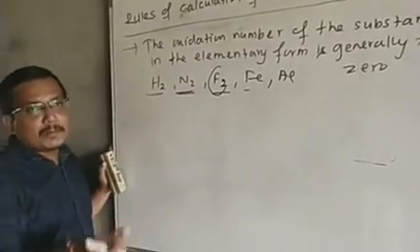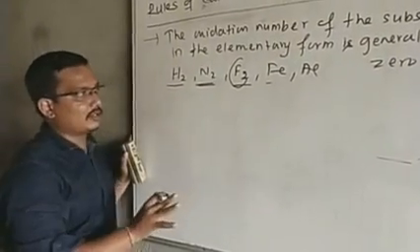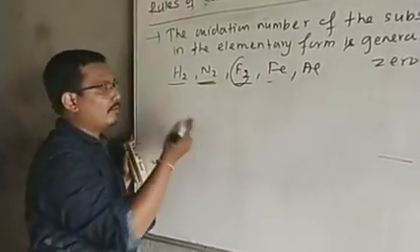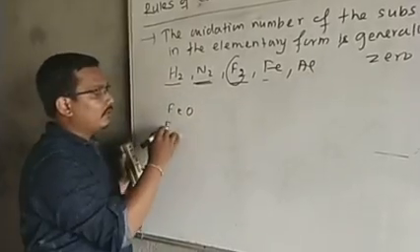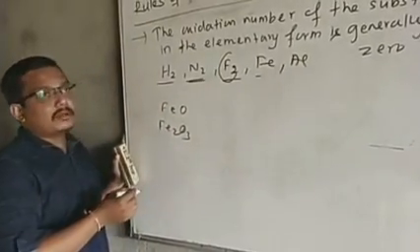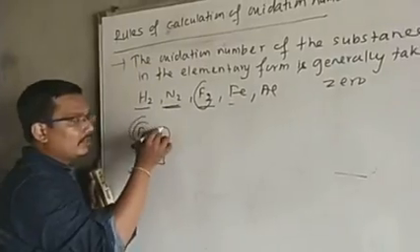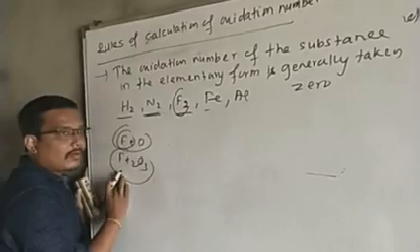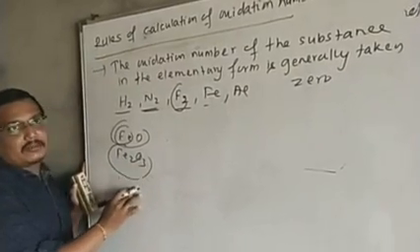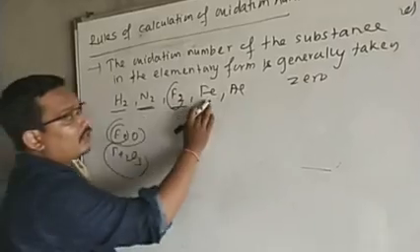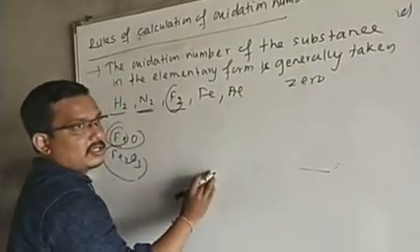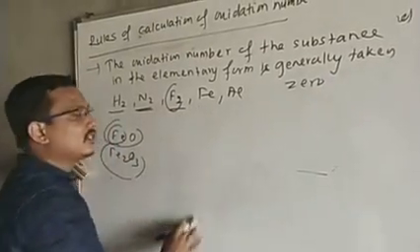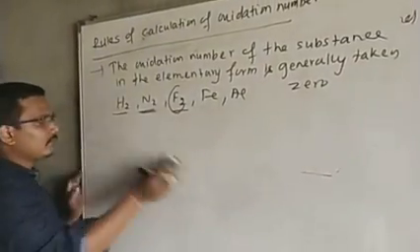That is considered simply 0. But if we think about the oxidation number of iron in a compound like FeO or Fe2O3, then it cannot be said to be 0. But for simple iron, the elemental substance, it is said to be 0. That is the first rule.